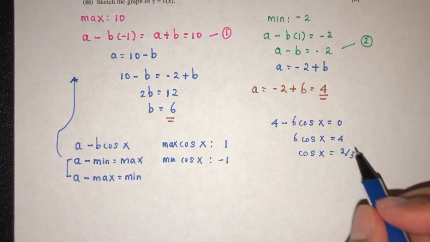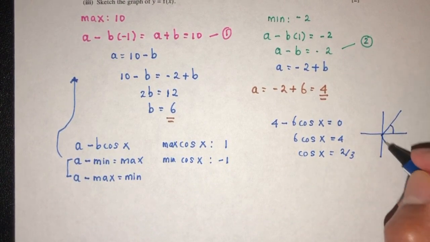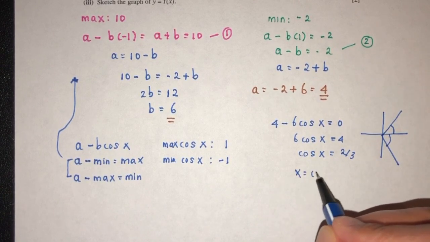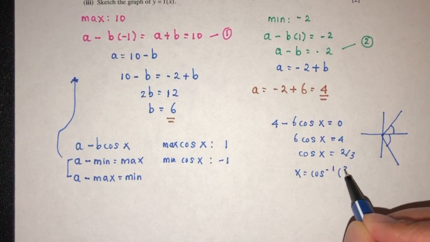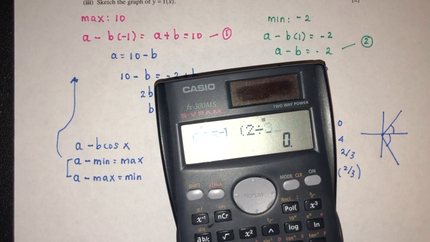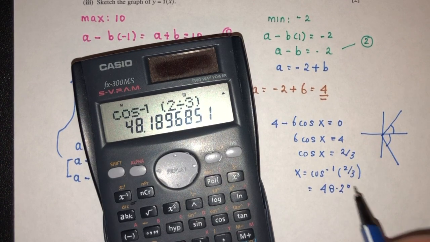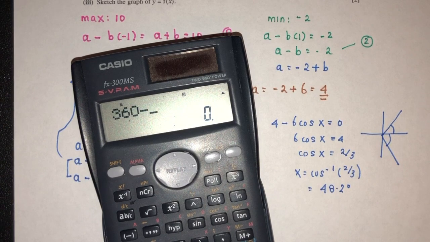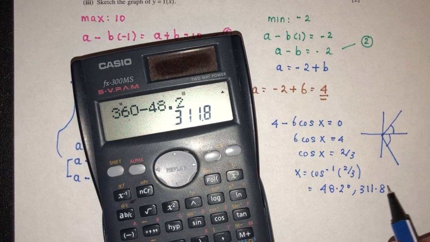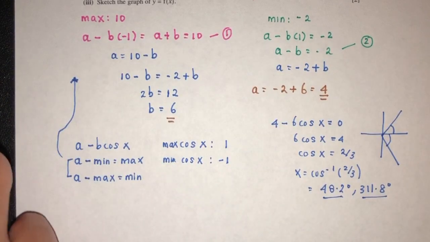Since cos is a positive value, it will be in the first quadrant and in the fourth quadrant. x will be cos inverse of 2 over 3, that should be 48.2. That will be 360 minus 48.2, that will be 311.8. So these will be the two values of x that we have for that equation.